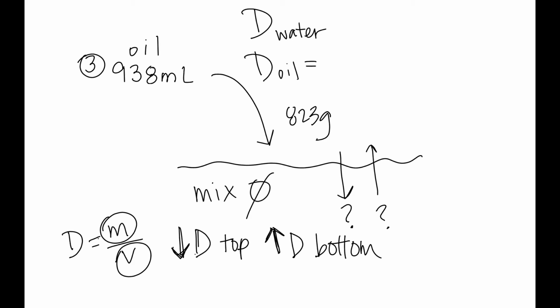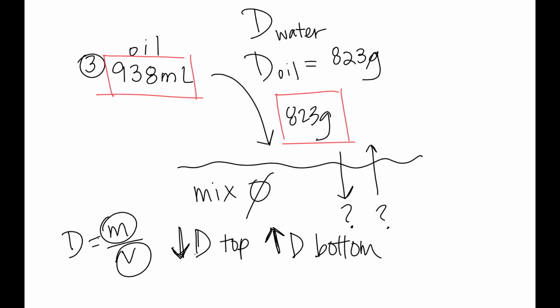So the oil, I have all of the numbers to actually calculate the density of oil. I'm going to take my mass, which is right here, and my volume. So if I take my mass, which is 823 grams, over 938 milliliters, I will get, let's see, 823 divided by 938. Both of them are 3 significant figures.